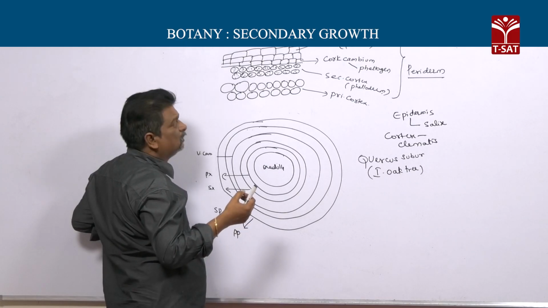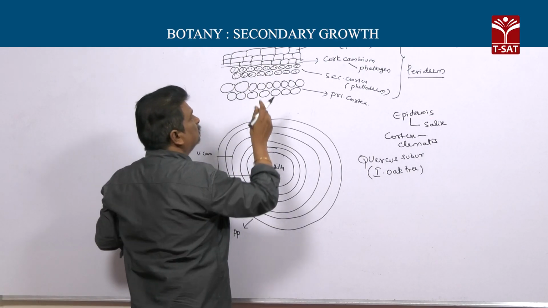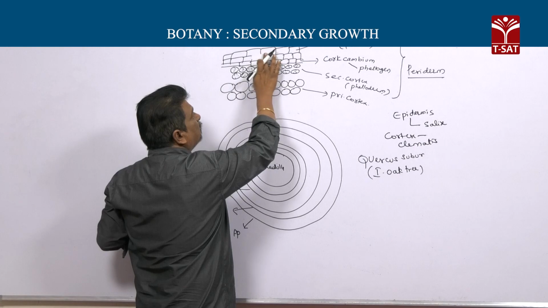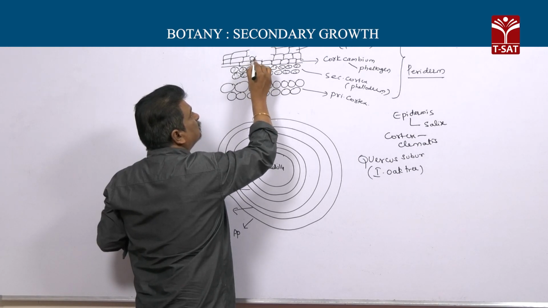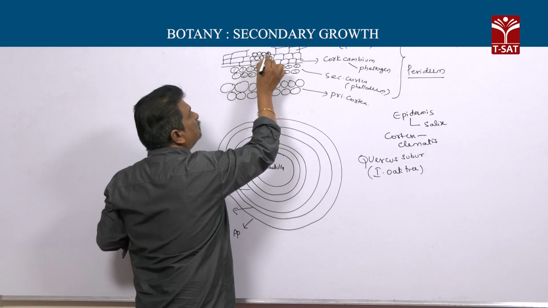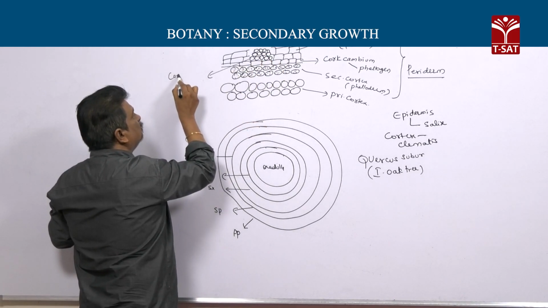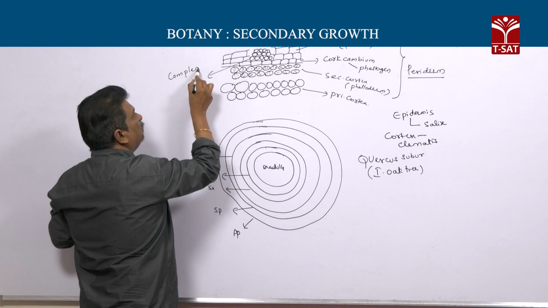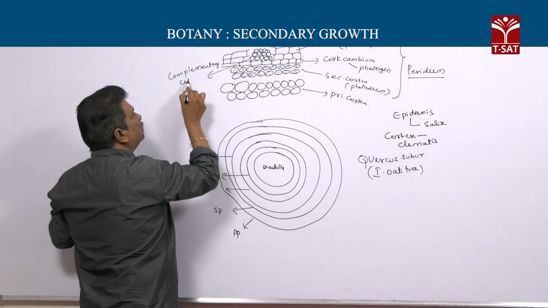So how does this secondary cortex receive gases? Because of the cork cambium. This cork cambium produces non-suberized parenchymatous cells. These non-suberized parenchymatous cells produced from cork cambium are called complementary cells.